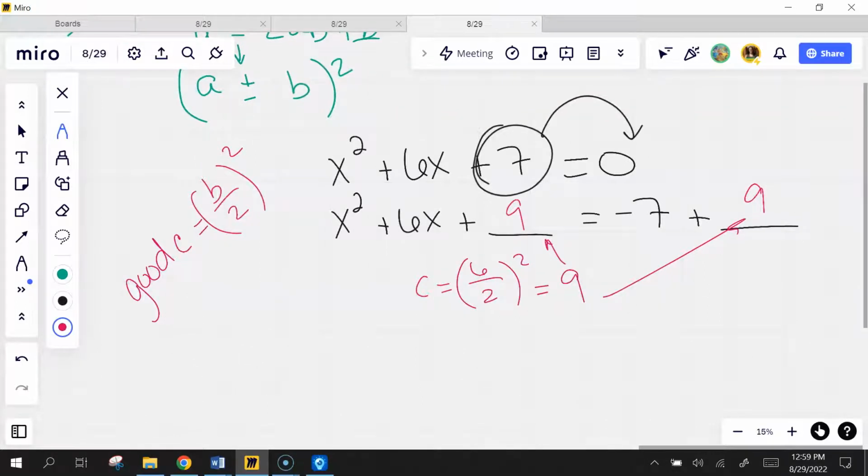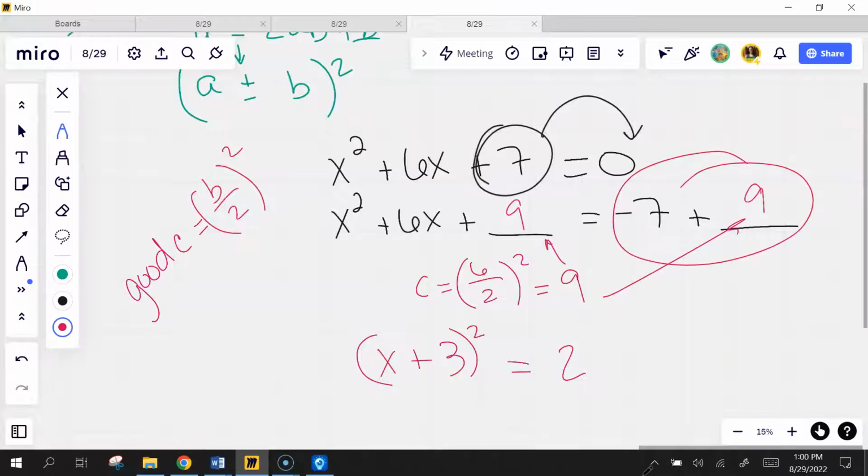How does the left side factor? X, the first sign is plus, 3 squared, what's it equal? 2. Now, if I was solving this, I could solve easily now, right? What would I do? Square root on both sides and then subtract 3.